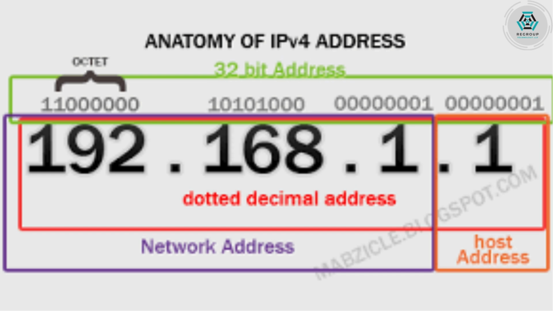IPv4 addresses are 32-bit numeric addresses written in decimal format divided into 4 octets, example, 192.168.1.1.